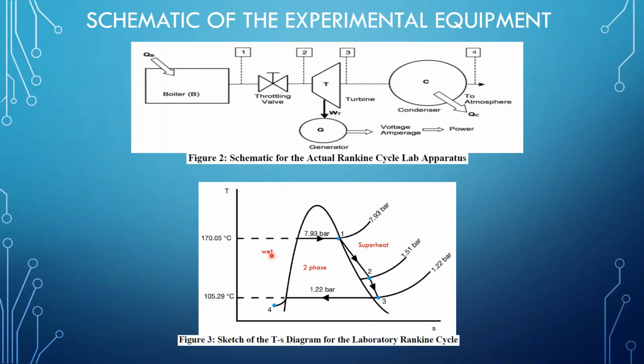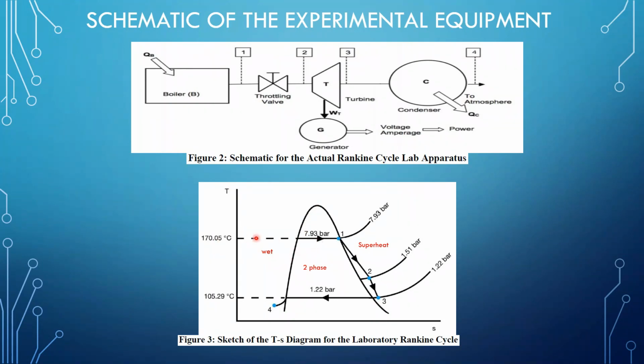So in these sample values here, we see at around 170 degrees Celsius, the water in the boiler begins to go about changing state from a liquid to the vapor stage. So at 170 degrees Celsius and 7.93 bar in this cycle, these are just some estimated sample values.